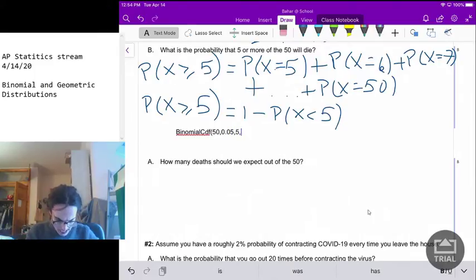Our lower bound was 5, upper bound was 50. And that came out to roughly about 10%.